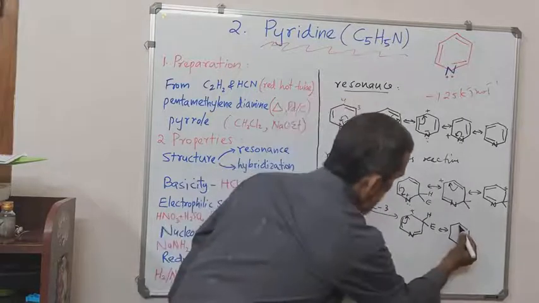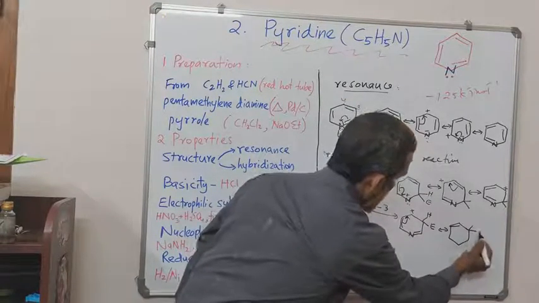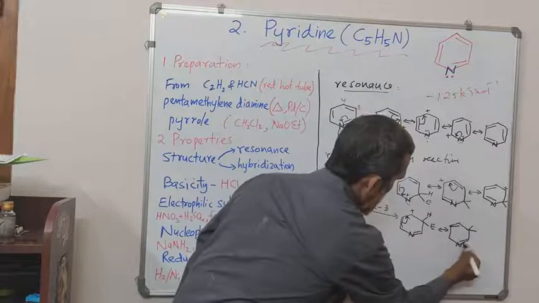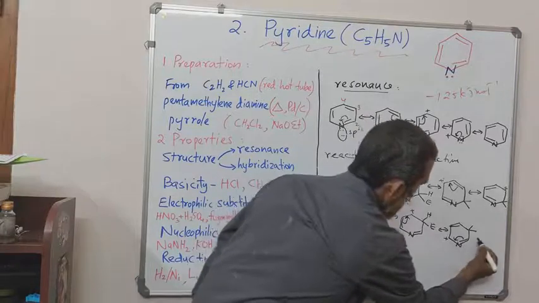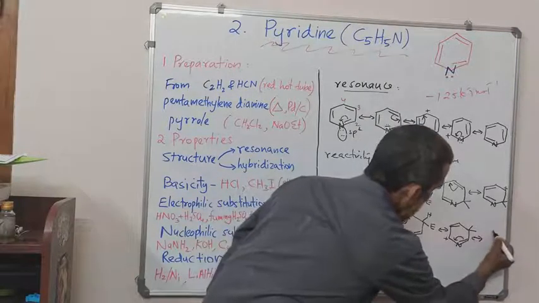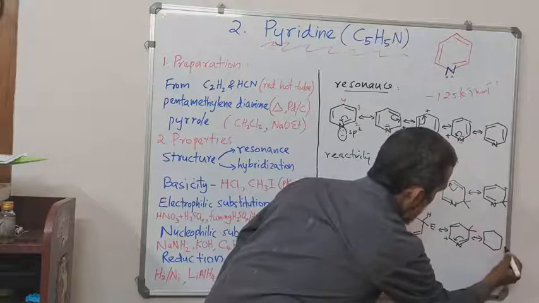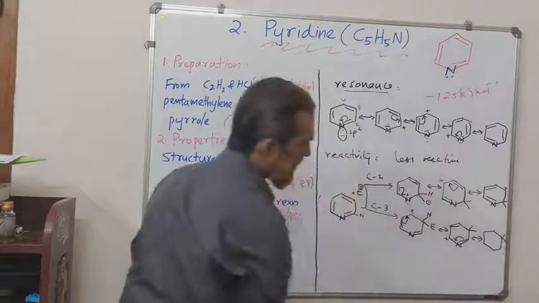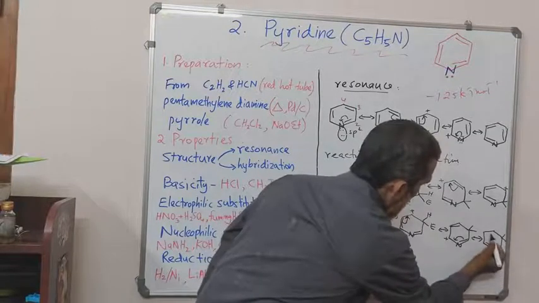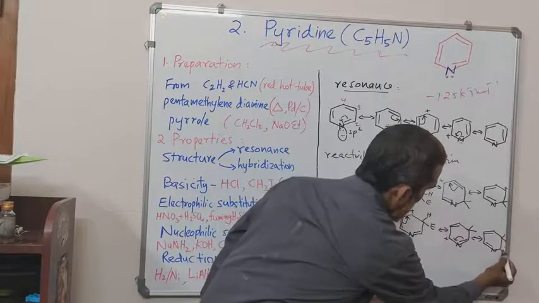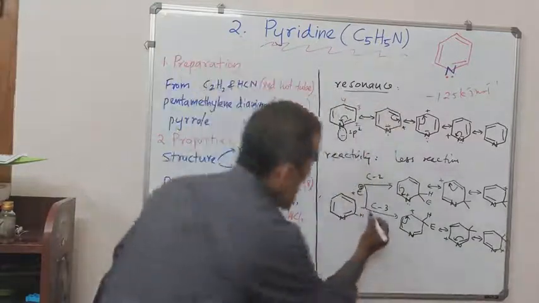What happens? You get like this. Positive charge is here. And then shifting of this one, you get the last structure. In here, double bond here as well as here, positive charge here. These are the structures obtained for attack at C3.